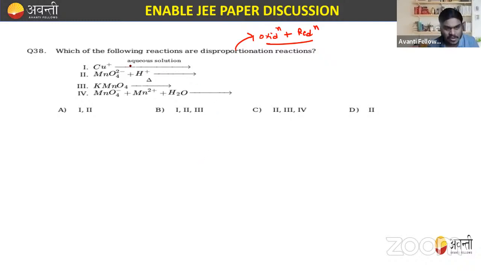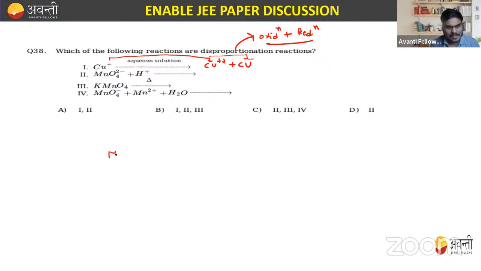For example, Cu+ in aqueous solution forms Cu2+ and Cu. Here oxidation takes place, that is +1 to +2, and also reduction takes place, that is +1 to 0. So in this reaction both oxidation and reduction take place, so this is an example of a disproportionation reaction.